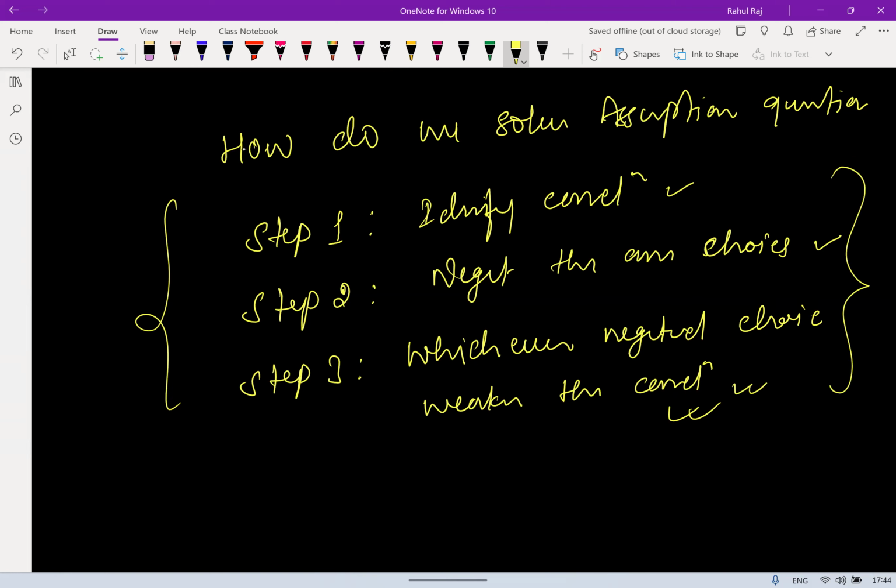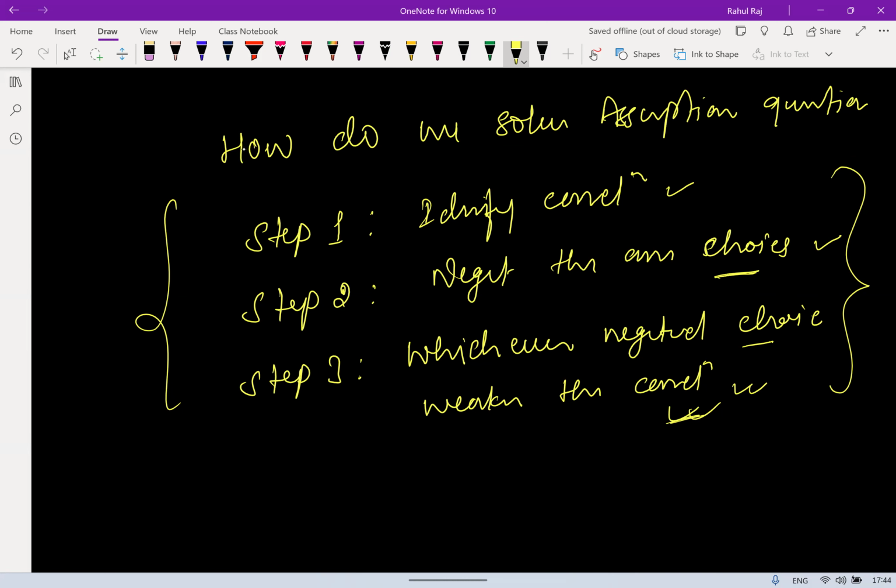Obviously, the way I have told you right now, assumptions are the backbone of an argument. Assumptions are the hidden fact. The role of a fact is to support the conclusion. So assumptions by default always and always support the conclusion. When you have told me all these things, why the hell should I be negating the answer choices and then seeing whichever negated choice weakens the conclusion? Why should you be doing this? I'll tell you. Because this is a very evident question that is asked in every class.